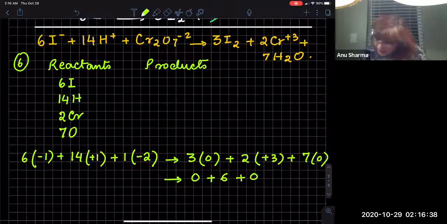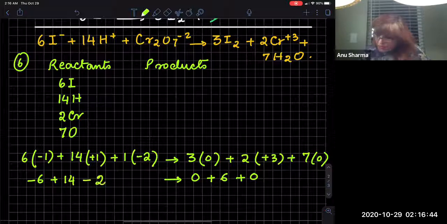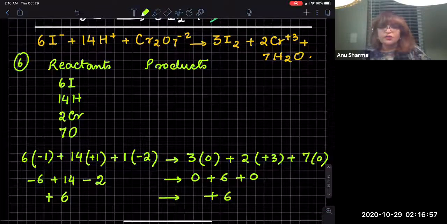So pretty much on this side, it is 0 plus 6 plus 0. And here you have minus 6 plus 14 minus 2. So what do you get on this side? This would be a positive 6 charge, and here is your positive 6 charge. That's on the product side also.